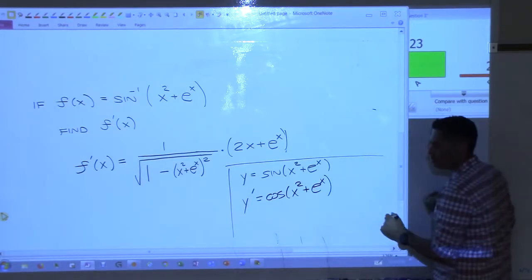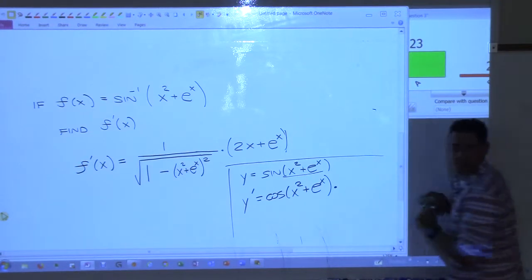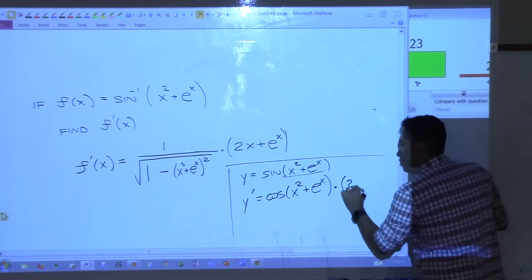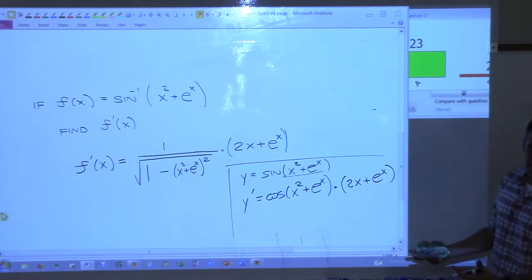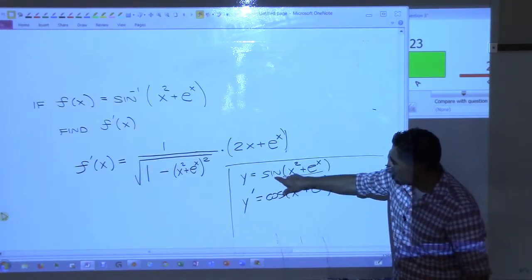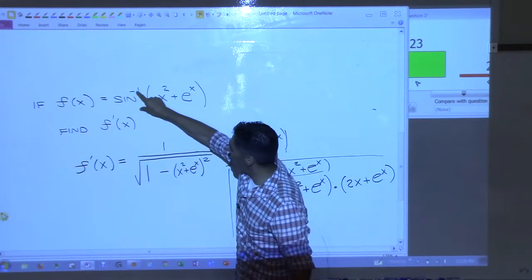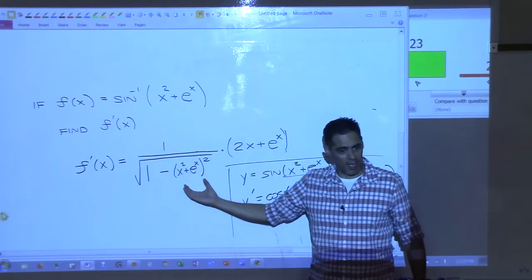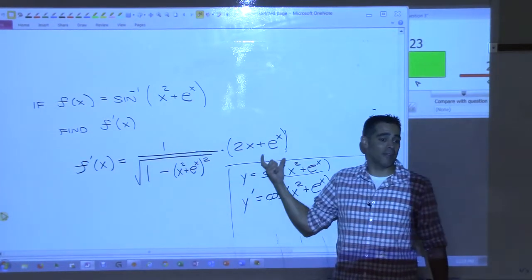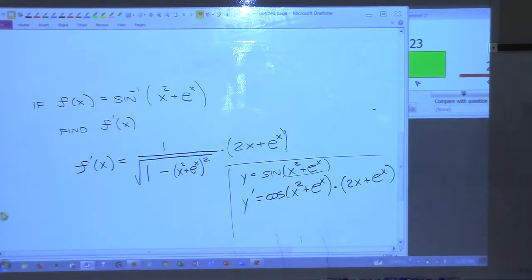But then the chain rule would say that you now have to multiply that times the derivative of what's in here, which would be 2x plus e to the x. We're doing the exact same thing, except that the derivative of sine being cosine is different because we're doing arcsine. So the derivative of arcsine of something is 1 over the square root of 1 minus that thing squared, and then this is the end of the chain rule. Does that clarify it? We all good with that?